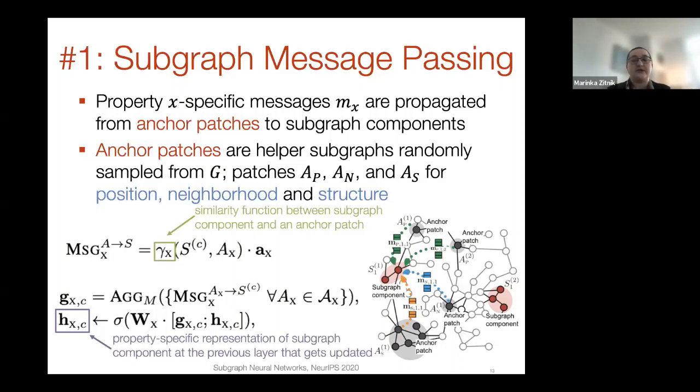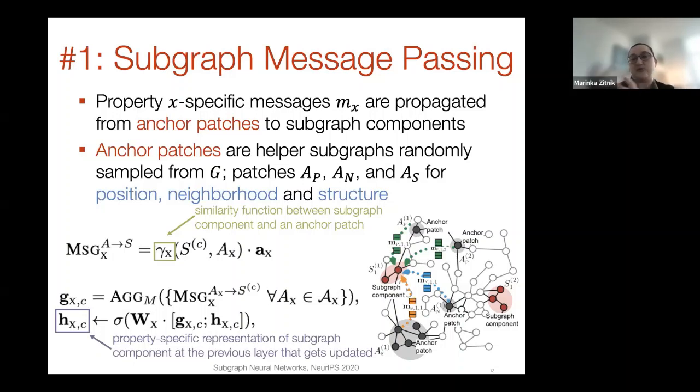This is called hierarchical message passing because you can think of it in the following way. In the underlying graph G, a large number of anchor patches are sampled. Those anchor patches are used to quantify structure, position, and neighborhood of the subgraph component that we try to embed.